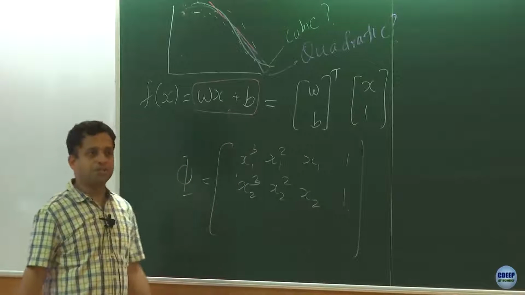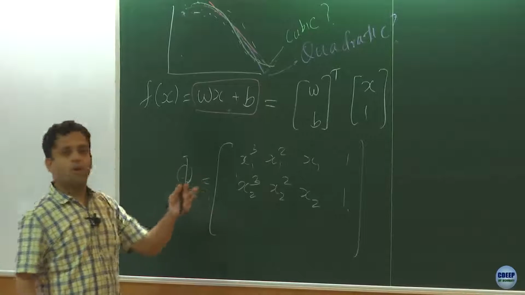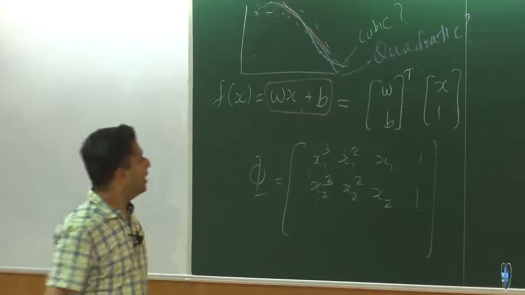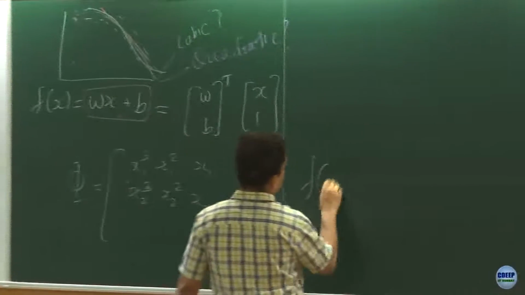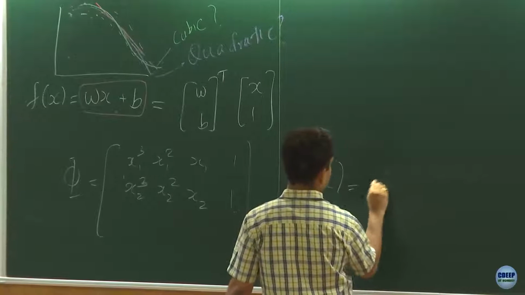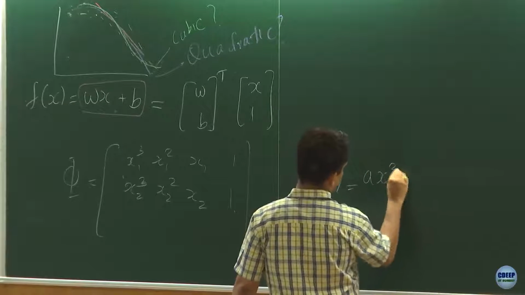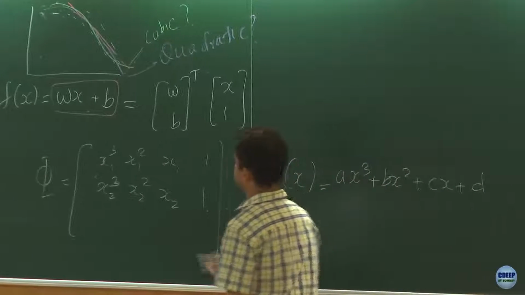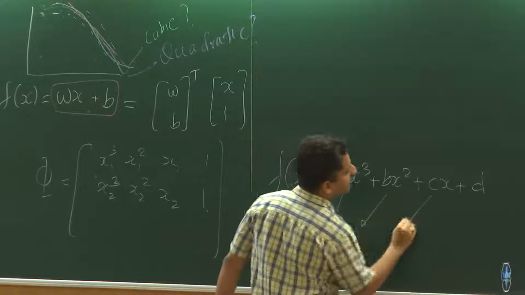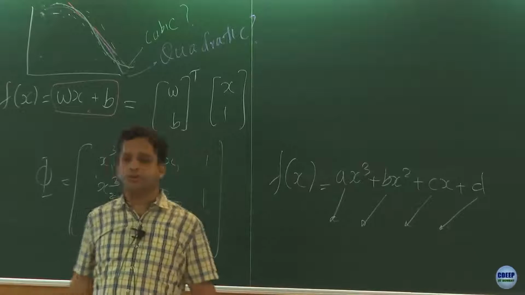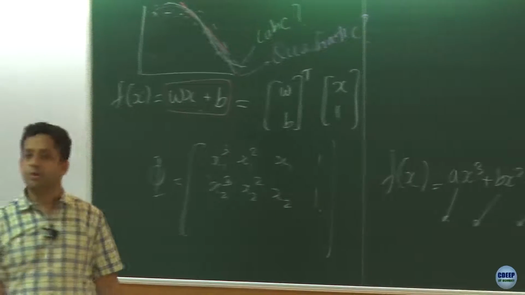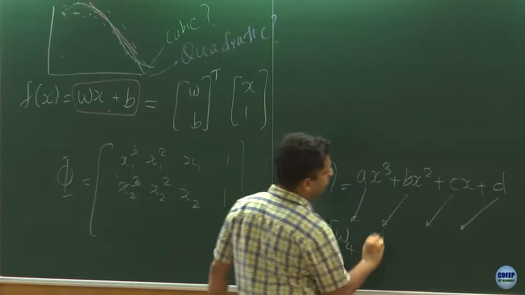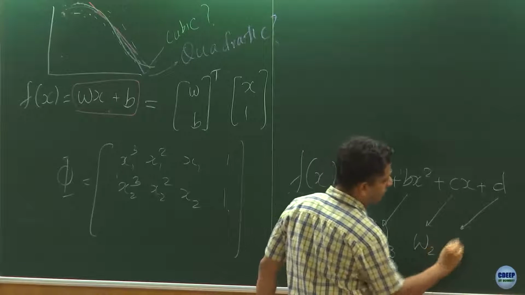You want to put in coefficients here as well? Should you put in coefficients here or no? I know that my cubic fit would look like a x cube plus b x square plus c x plus d. But what do I expect a, b, c, d to be filled in from? The w, right? So I would expect that a is say w4, b is w3, c is w2 and d is w1.